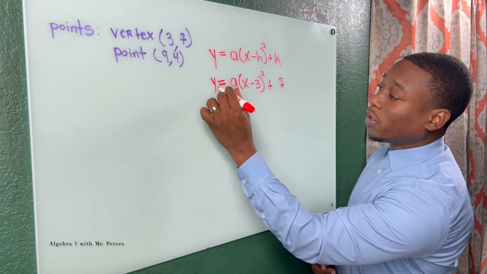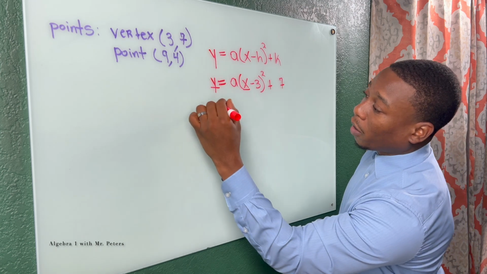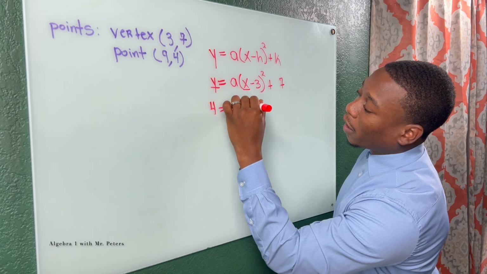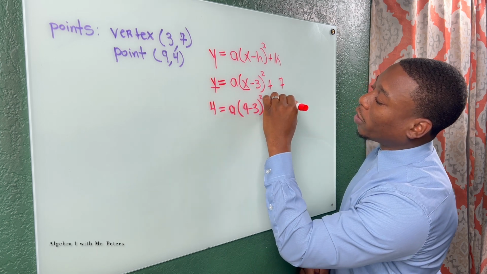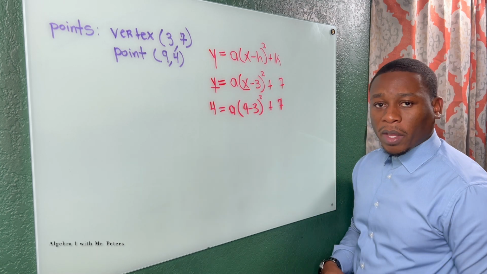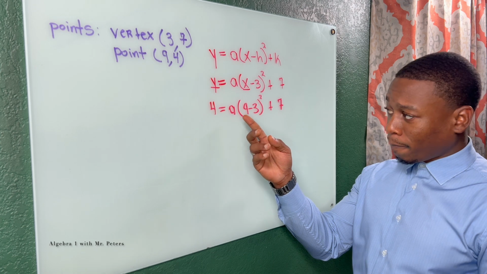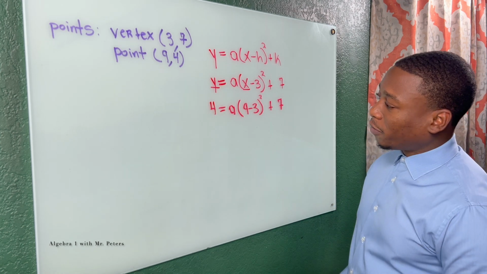And we're going to substitute that with the y and the x. So now I'm saying 4 is equal to a times 9 minus 3 squared plus 7. And all we're trying to do right now, in this step, is to solve for a. What is a?